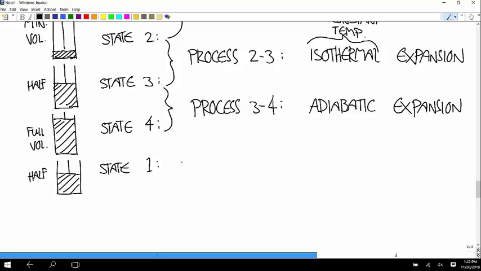And then returning to the starting state, process 4 to 1 is an isothermal compression.